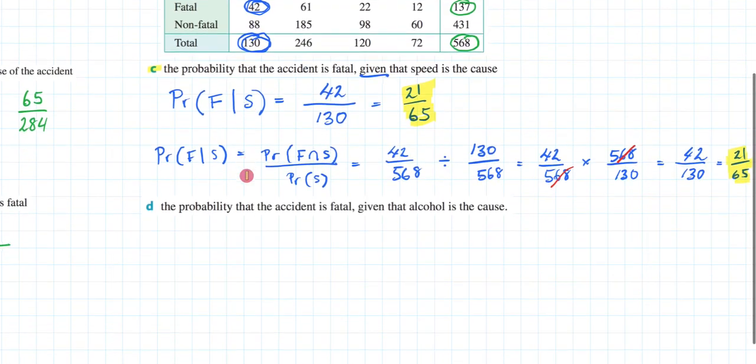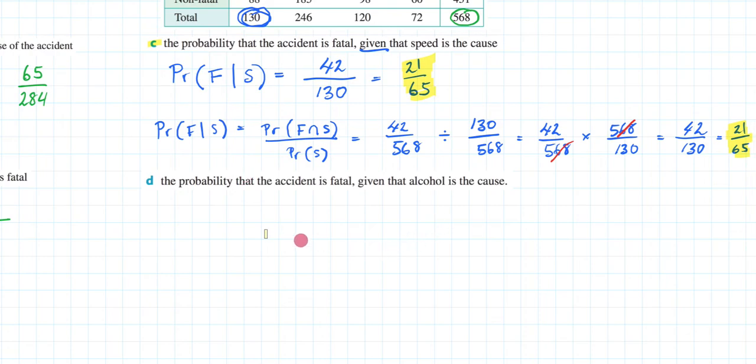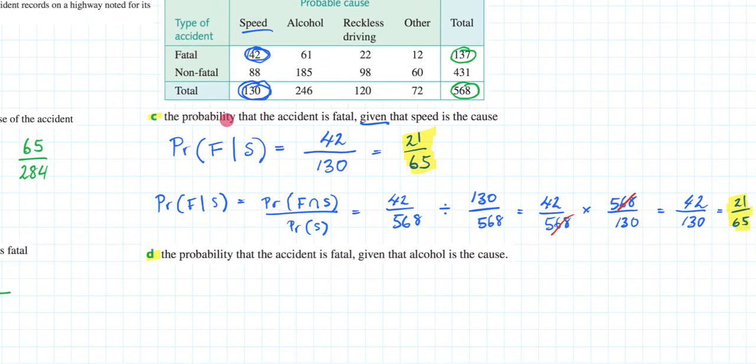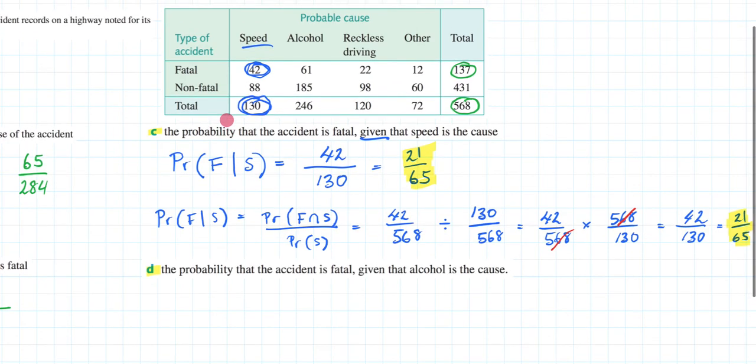Perfect. Let's now come down to my last question, which is asking me to find the probability that the accident is fatal given that alcohol is the cause. So once again, I'm going to come up and look at my table and say, all right, I have the probability that it is fatal given that alcohol is the cause. So I know alcohol is the cause.